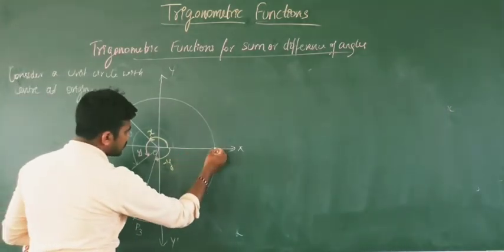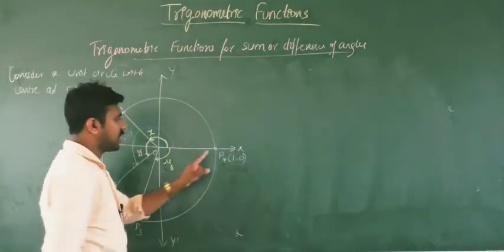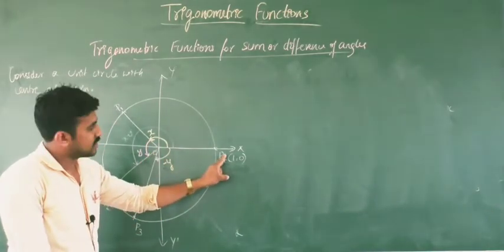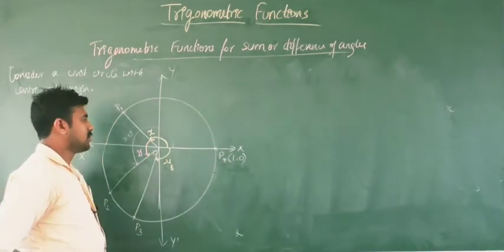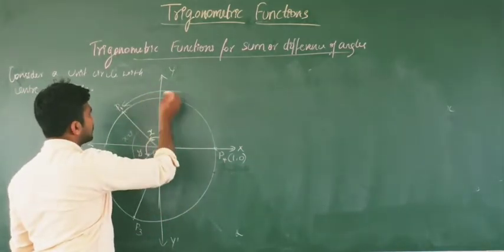So the central angle is minus y. Here you can observe the length of arc. Consider this point P4 with the coordinates (1, 0), because this point lies on the x-axis, with x coordinate 1 and y coordinate 0. Now what is the length of arc?